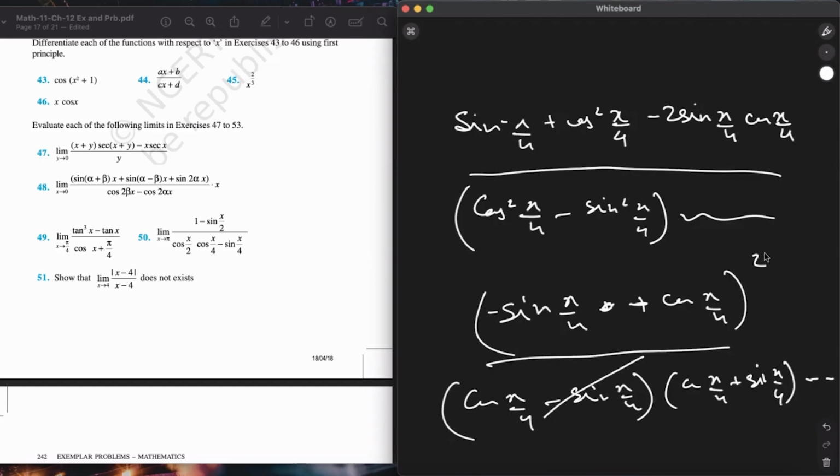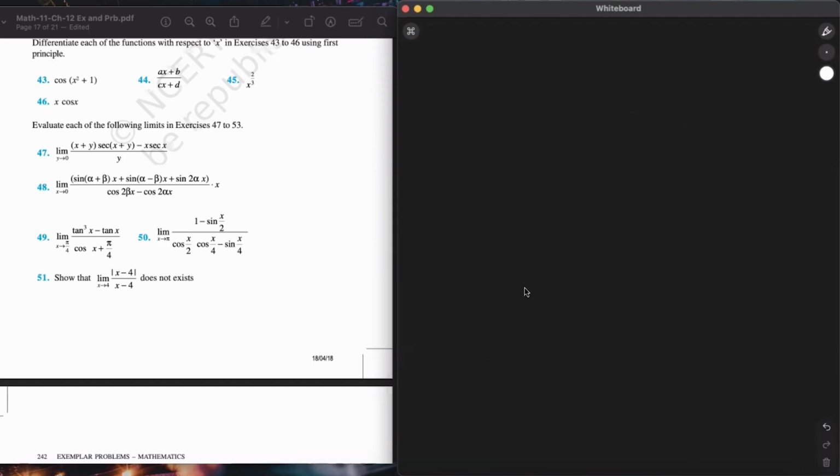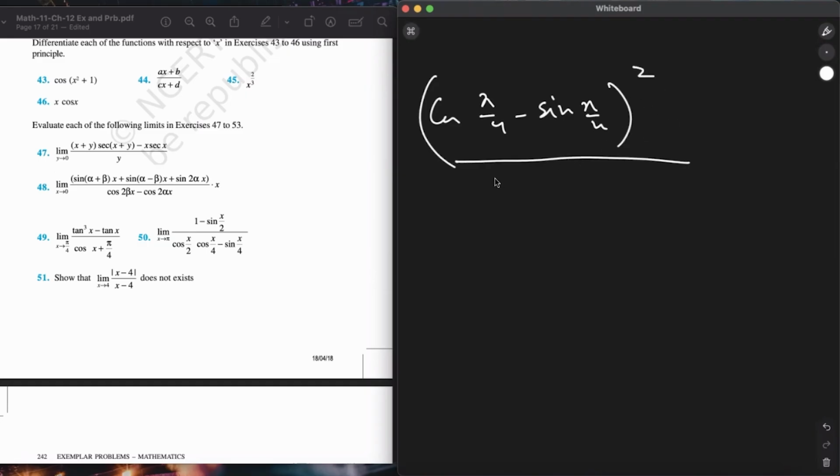So this will get cancelled out. And what will we be getting over here? So our term over here will be cos x by 4 minus sin x by 4. The square term will get cancelled out. No, let's not be so hasty. Let's just write it completely.